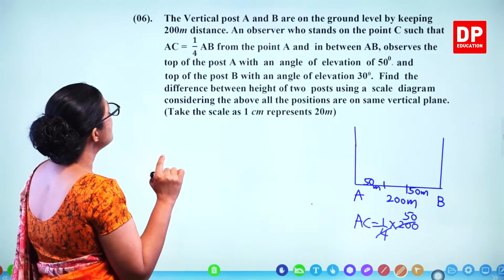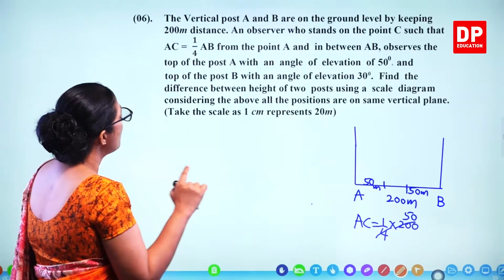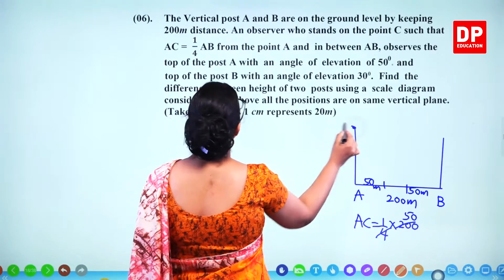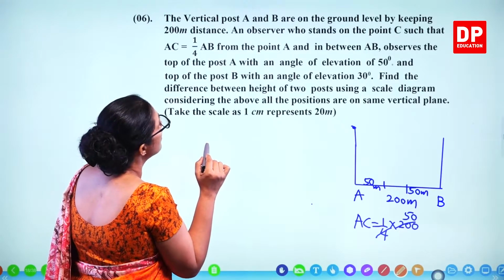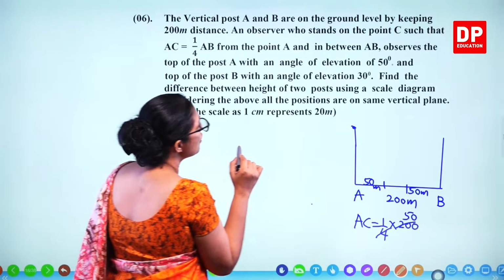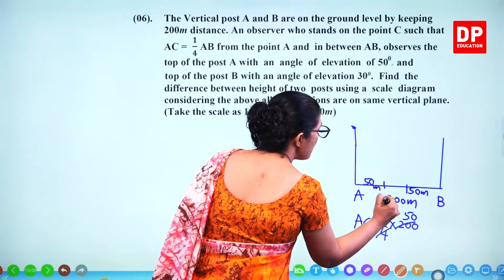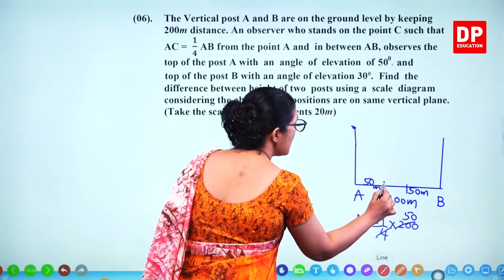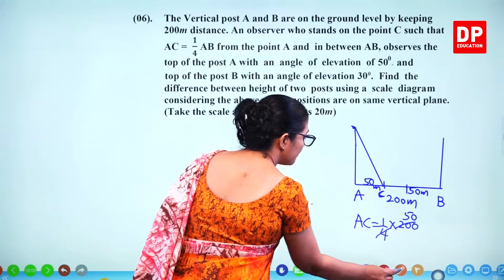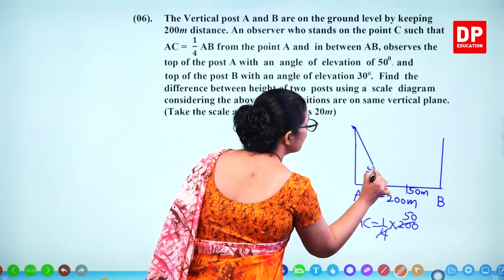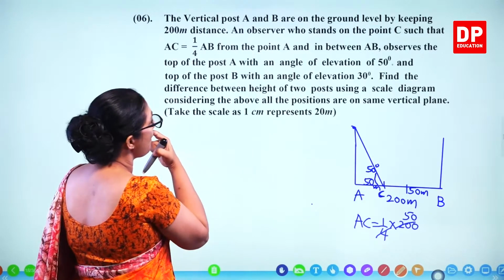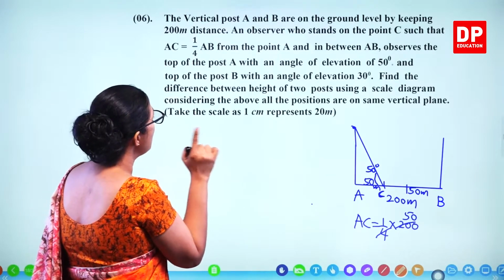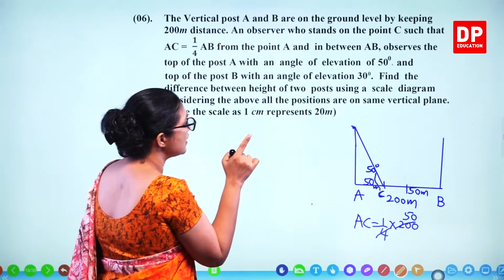And it says it observes the top of the post A with an angle of elevation of 50. This is the C point. From C, this is 50. And the top of the post B with an angle of elevation 30.